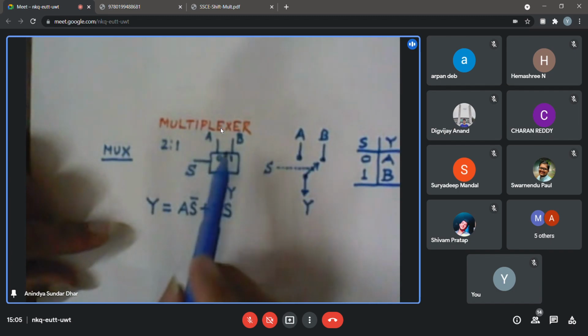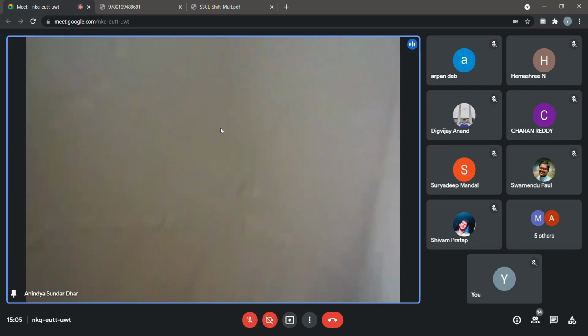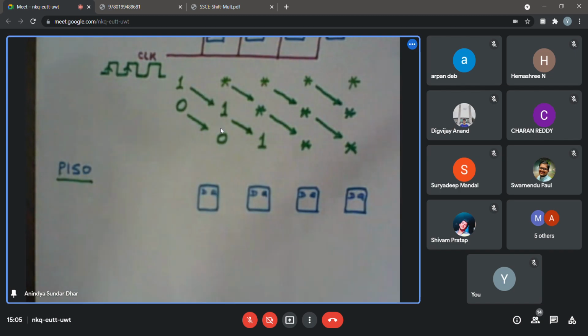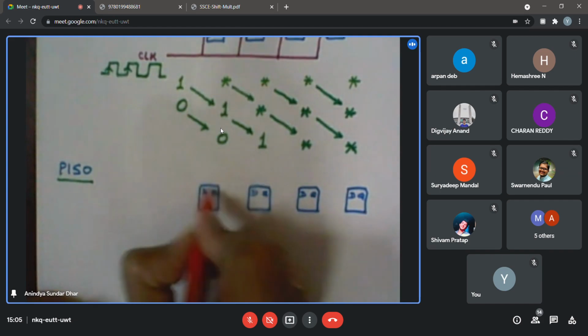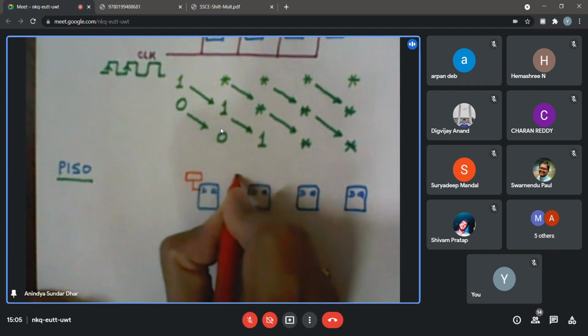So that is a 2-to-1 multiplexer, and in this case, you will have a multiplexer connected with each of these D flip-flops. For each D flip-flop, there will be a multiplexer connected at the input.